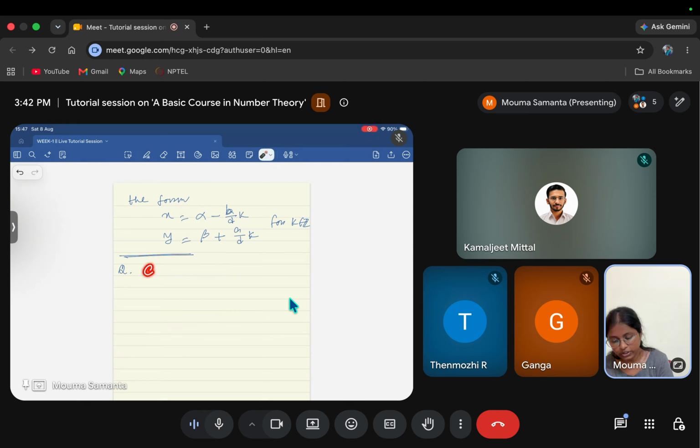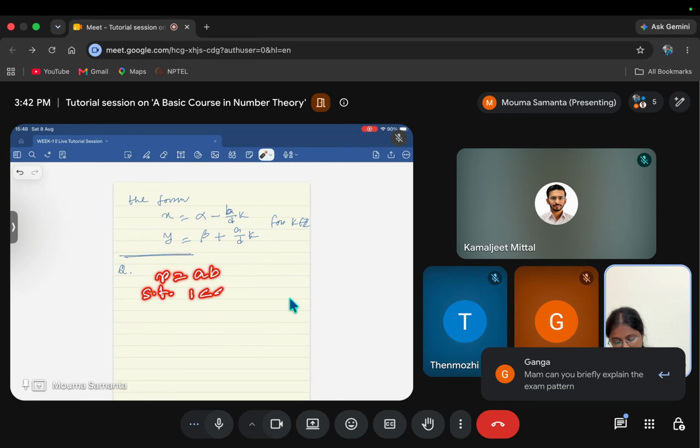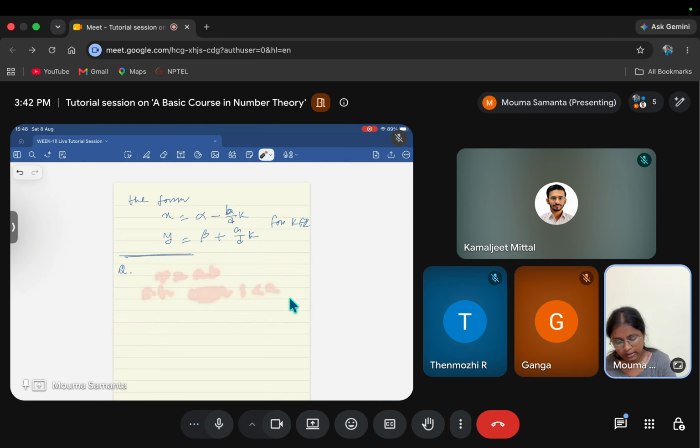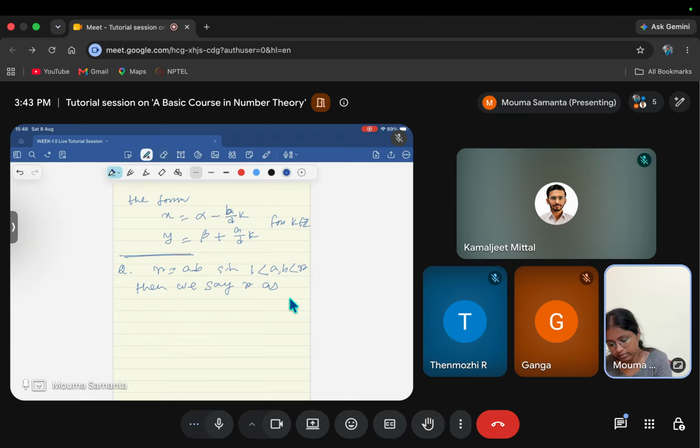Let us recall, a composite number was: if we can write r equals a times b such that 1 is less than a, b, both greater than 1 and less than r, then we say r is a composite number.